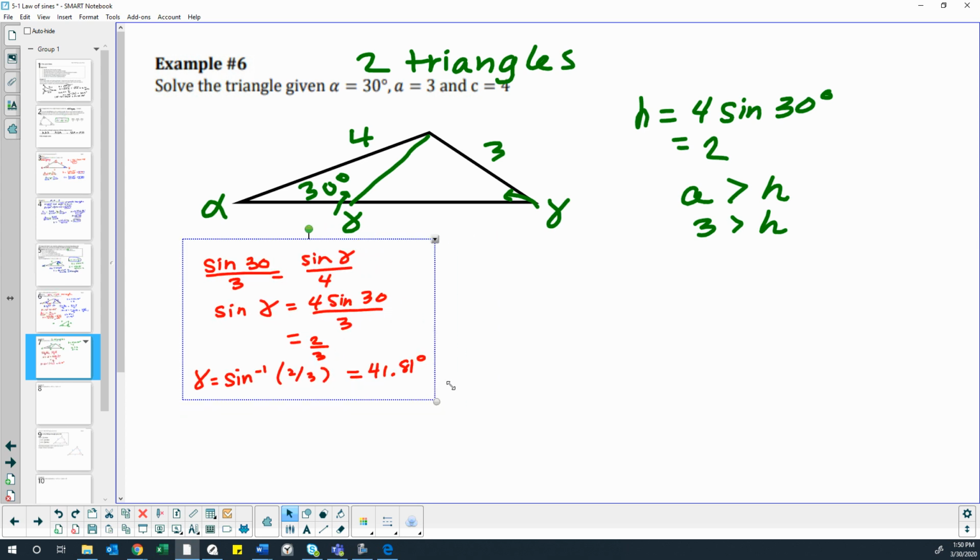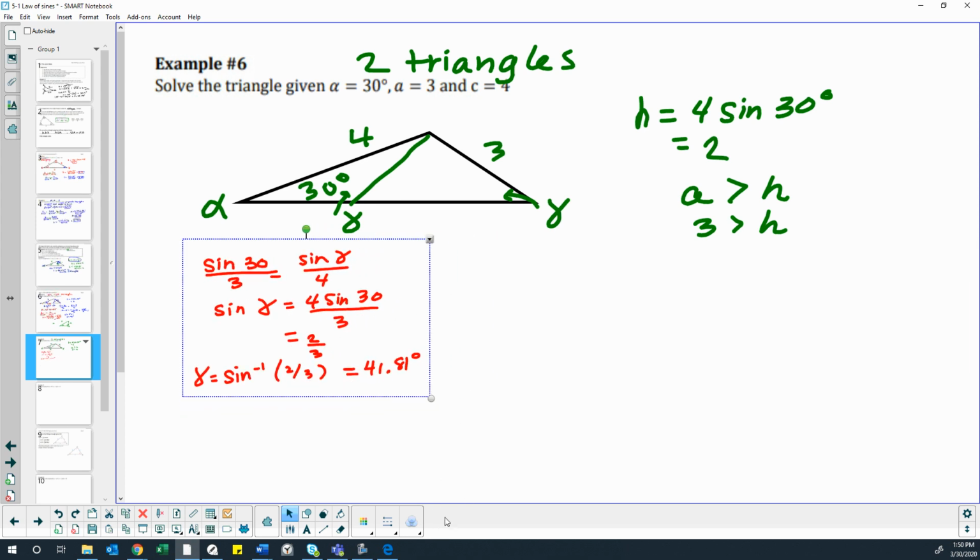Did you guys get the 41.81 degrees? That would be this angle right here. Let's go ahead and solve that triangle using that. So for this beta, that would be the entire angle here. How do we find beta if we already know alpha and gamma?